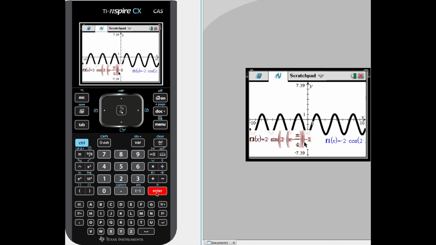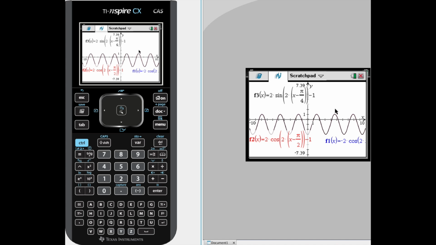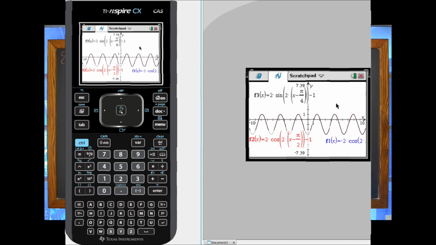Yes, now we have our third graph lining right on top of the previous two, and I'll just grab this equation and move it somewhere else in the window. And there we go. We got a red, blue, and black graph all lining right on top of each other.